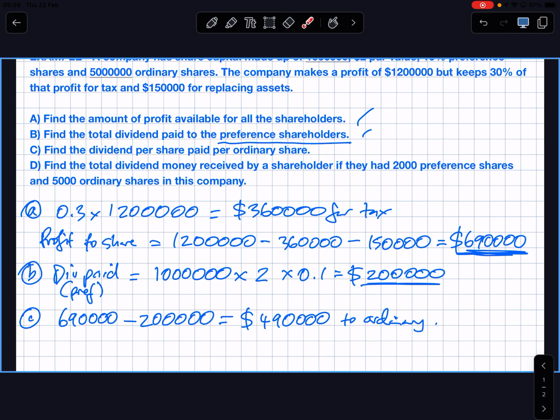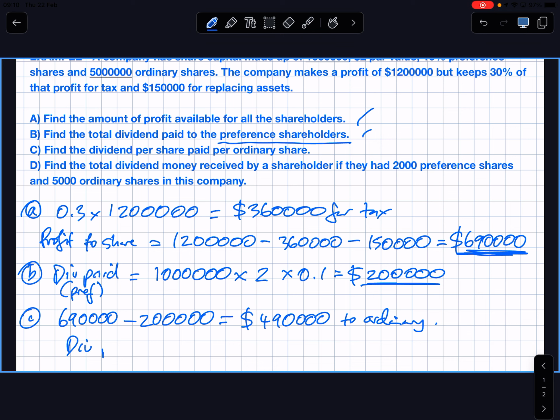Now I can find the dividend per share because how many ordinary shares are there? There's 5 million of them. And they're sharing 490,000. So what maths would I do between those two numbers? 490,000 divided by 5 million.